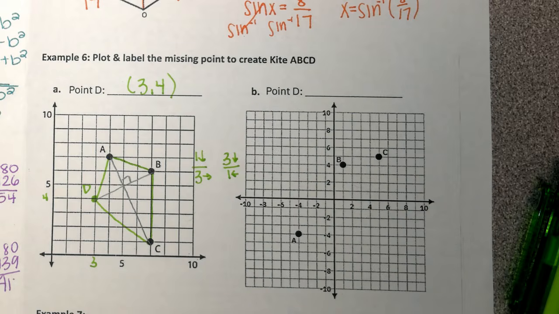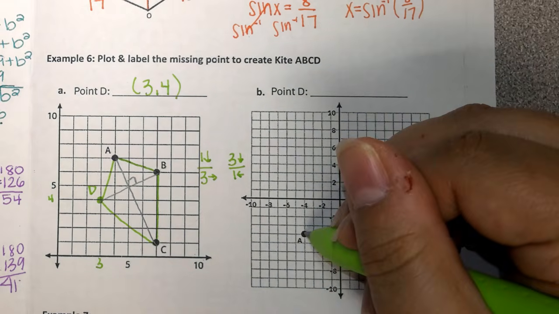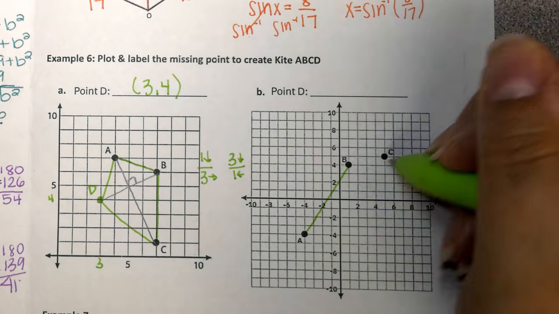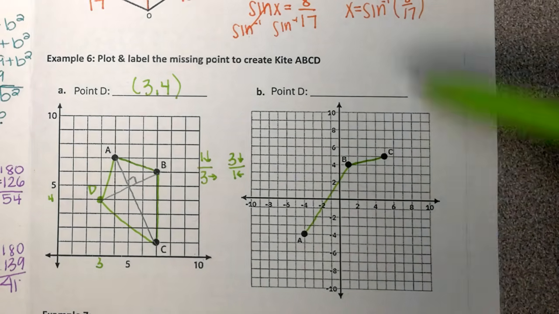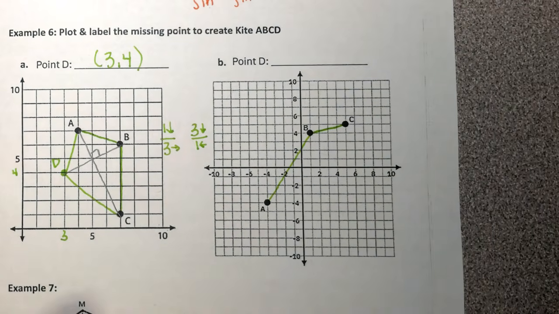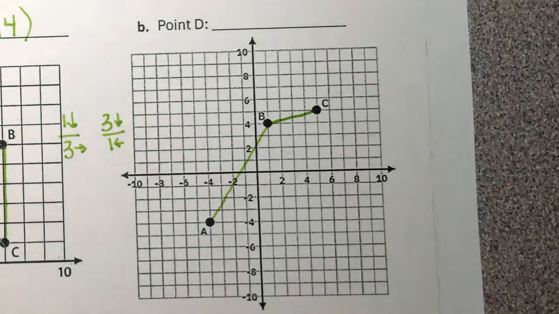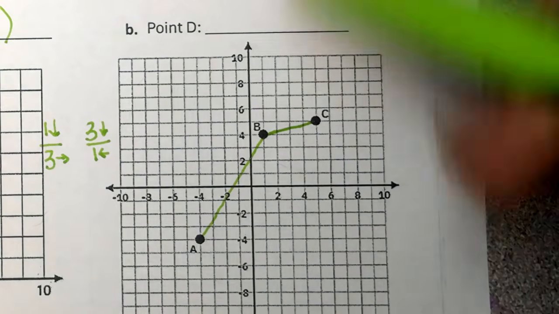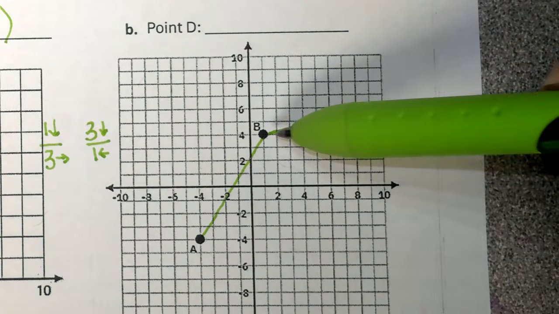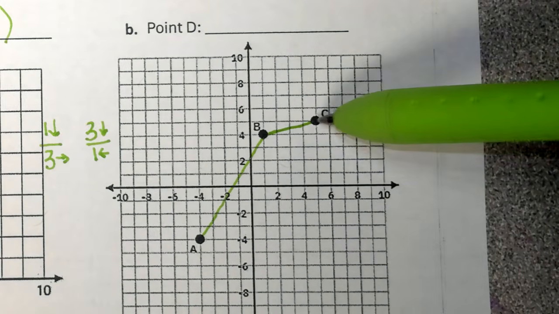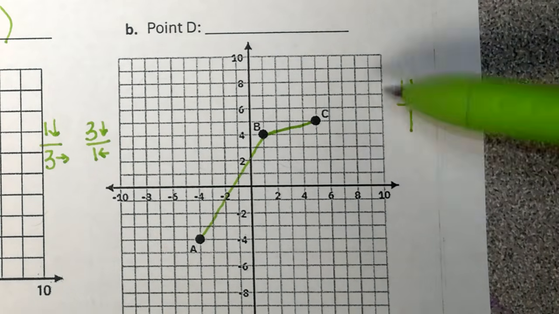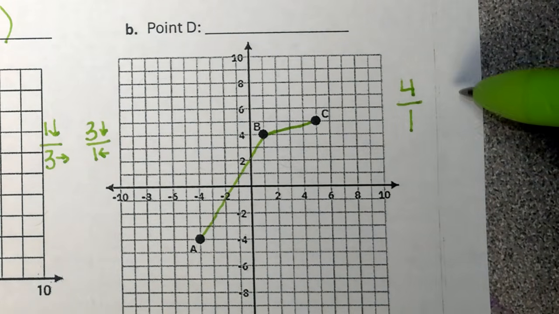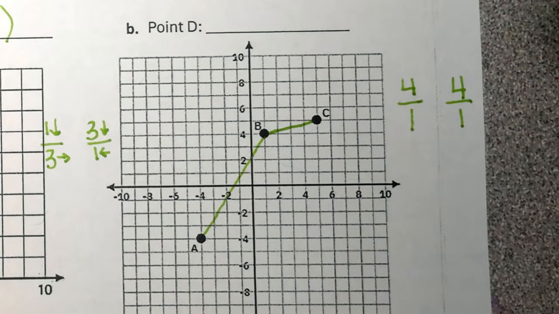All right. If I connect A, B, and C on this next one, what slope am I going to look at here? From what letter to what letter? C to B or B to C? Doesn't matter what way. 1, 2, 3, 4, up 1. And by the way, the direction doesn't matter as much as I need you to switch them and then see what makes sense.